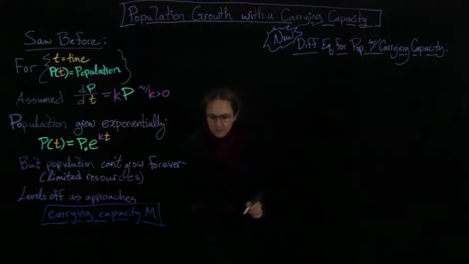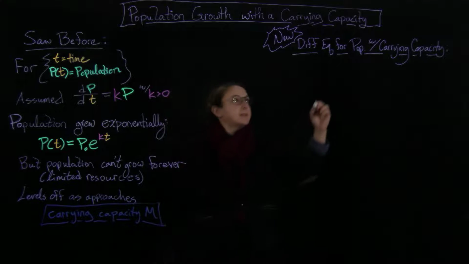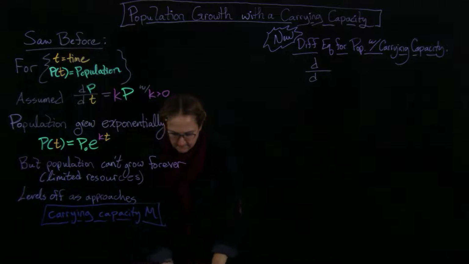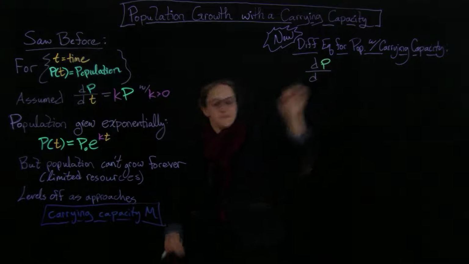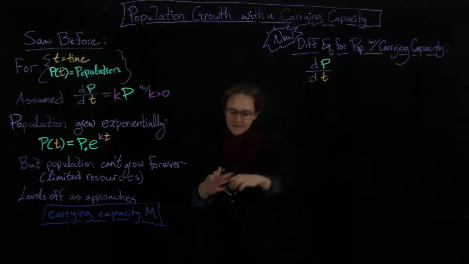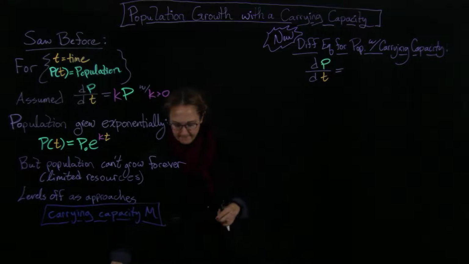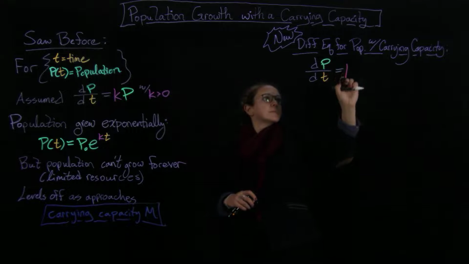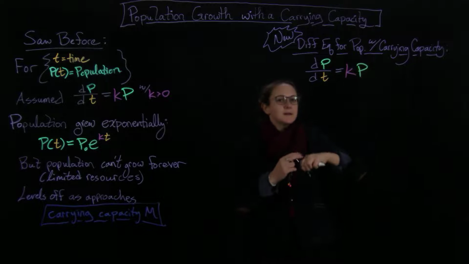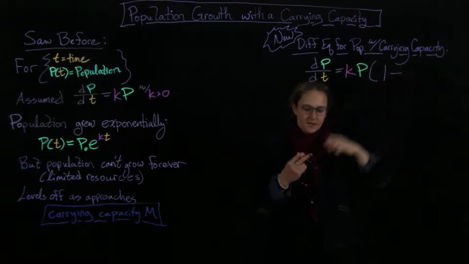We're going to take dP/dt, which is going to equal k times P times 1 minus P over M. So 1 minus P over M.